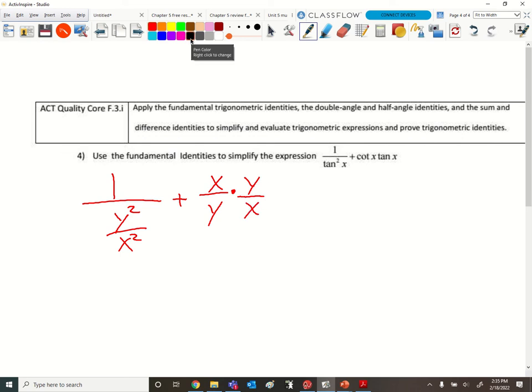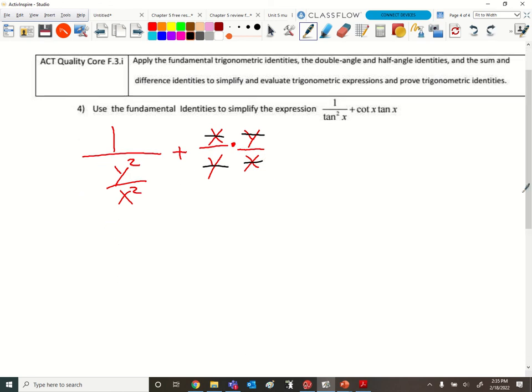Now, first thing you're going to look at and say, oh, hey, what's going to happen over here on the right-hand side? Everything's canceling, right? The y's cancel, x's canceled, and if everything cancels, what do I get? You get 1, so that turns into just 1. But over here on the left, fraction over fraction, right?